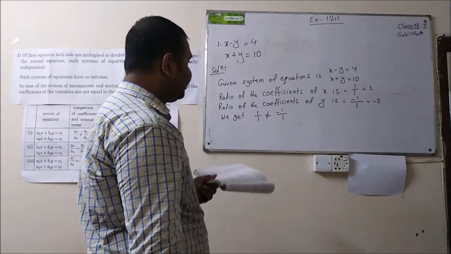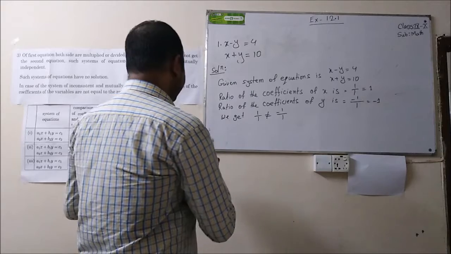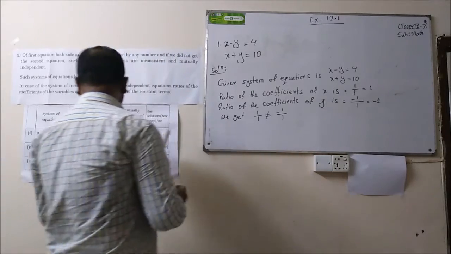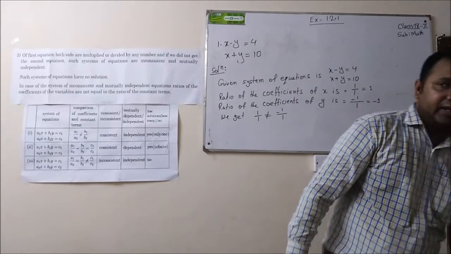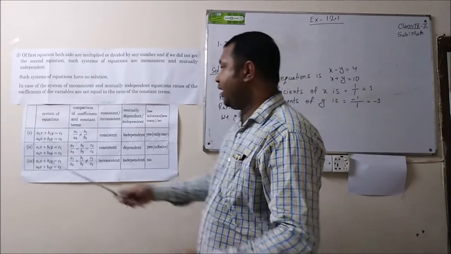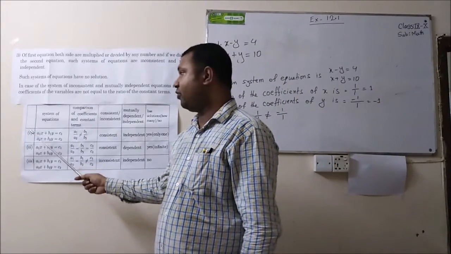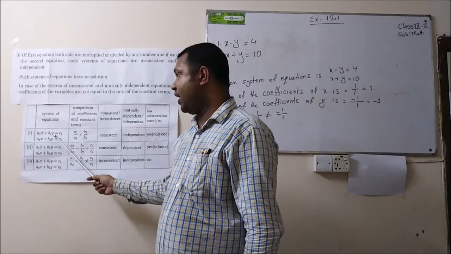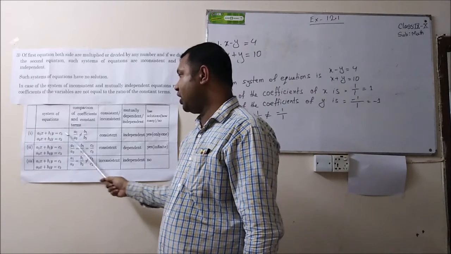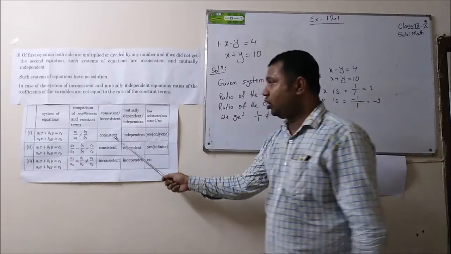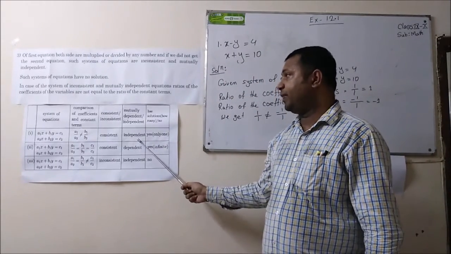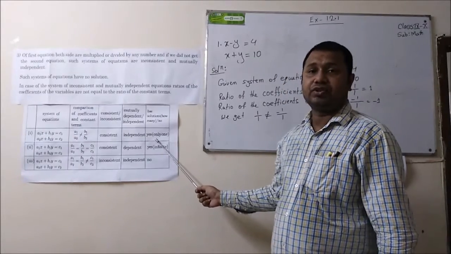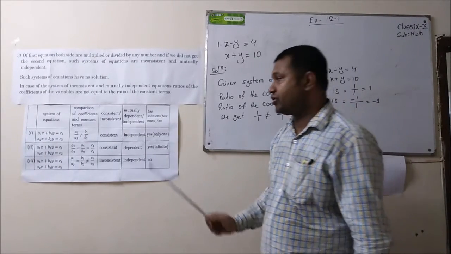So we can say, you can see in the chart here, when the ratios of the coefficients of x and y are not equal, we call this system of equations consistent, independent, and it has a solution, and that is one solution.